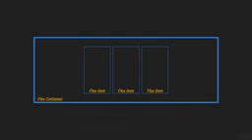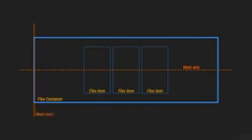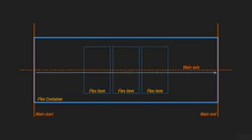So every Flex container contains a main axis, which is the primary axis along which the Flex items are displayed. The direction of the main axis is based on the Flex direction property, which we will see shortly. Then it has the main start and main end, which describe the main start side of the Flex item and going towards the main end side.